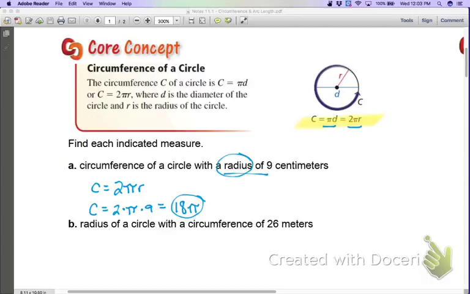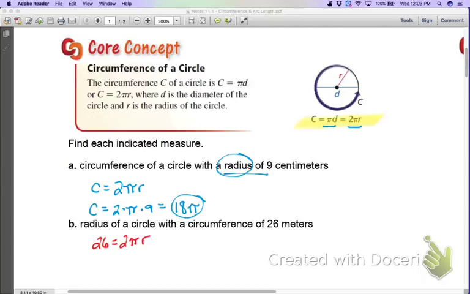So then here it says the radius of a circle with a circumference of 26 meters. So we want to find the radius here instead, and we're given the circumference. Now, in this case, you're going to actually get a value. So if we set it up, I'm just going to go 26 equals 2 pi r.